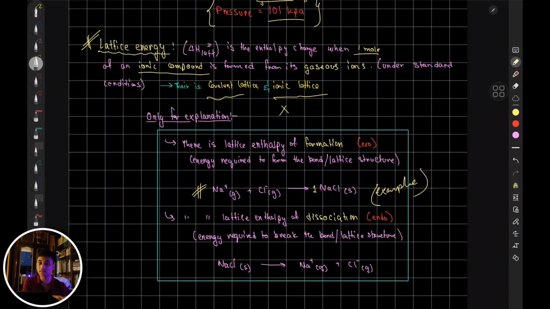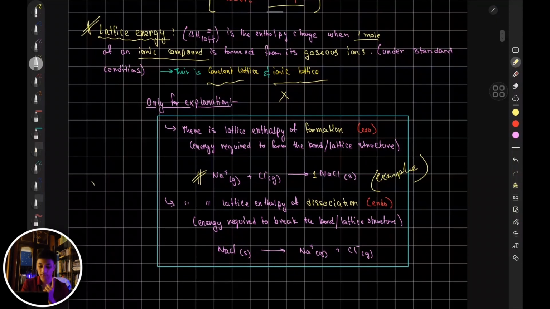In what states should our reactants be? For one thing, they should be ionic. They should be in their ionic states. For example, you don't take the sodium atom, you take the sodium ion. You don't take the chlorine atom, you take the chloride ion, the negative chlorine ion. The second condition is they need to be in gaseous state.